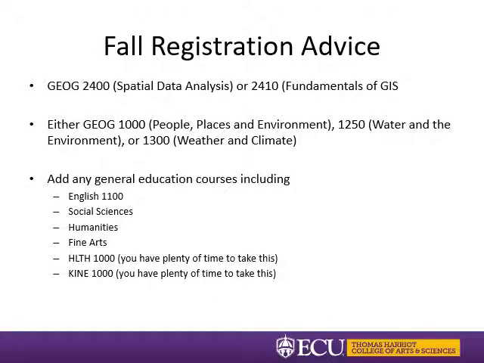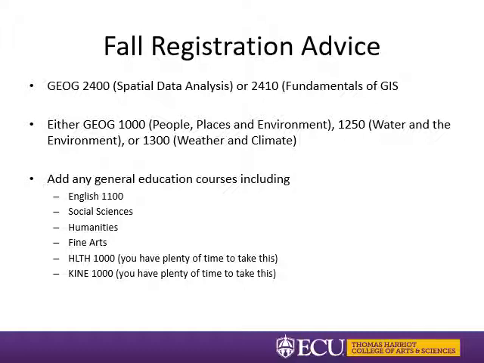So now that you know all about the GIST major curriculum, what courses should you take this fall? The 4-year plan on the previous slide is a good guide here. In general, you'll want to take Geog 2410, that's Fundamentals of GIS, or Geog 2400, Spatial Data Analysis, as well as a 1000 level Geog elective course like either Geog 1000, People, Places, and Environment, Geog 1250, that's Water and the Environment, or Geog/Atmo 1300, Weather and Climate.